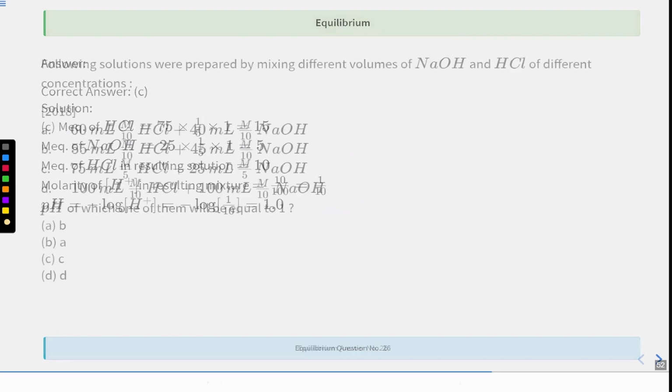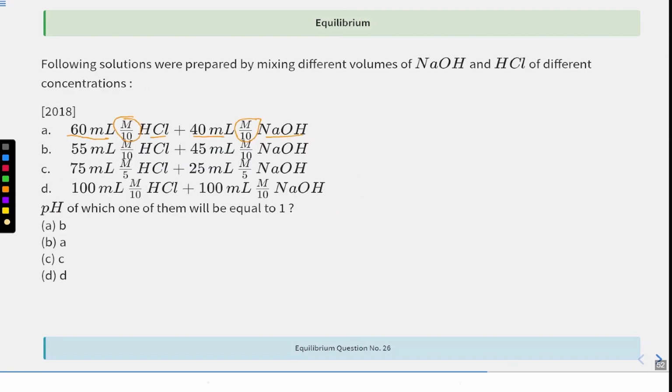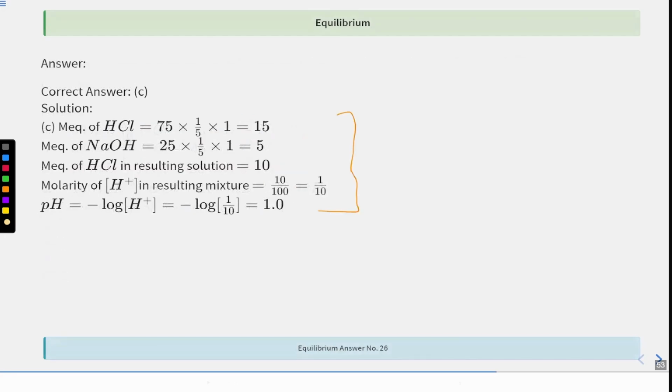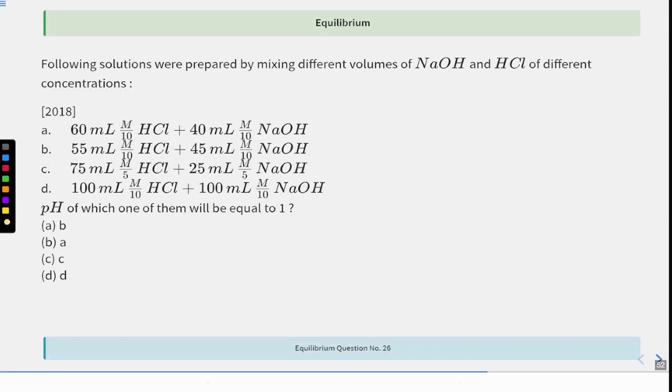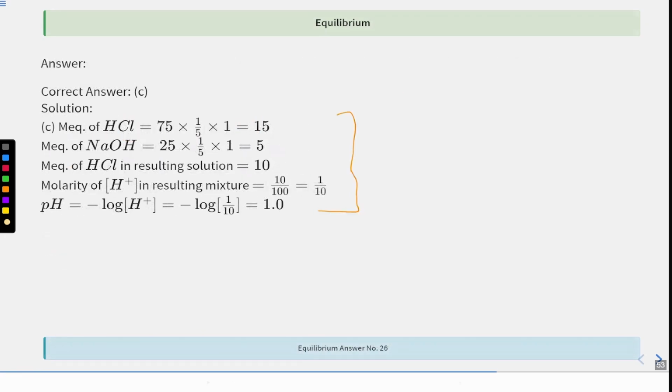Okay, let me explain it. Suppose we take the option which they have explained, this one. Molarity is equal to number of moles divided by volume in liter.